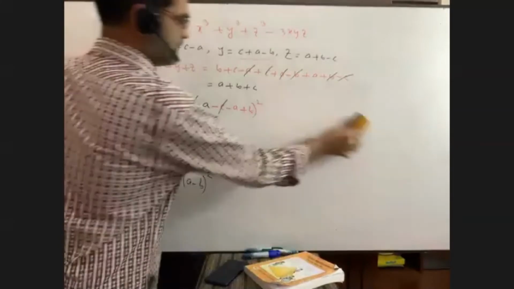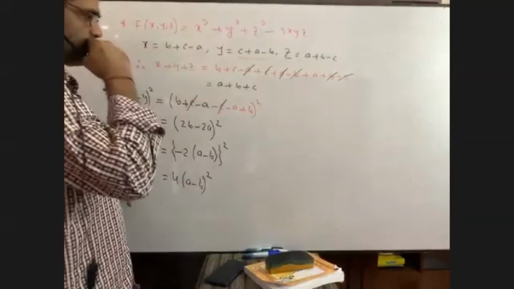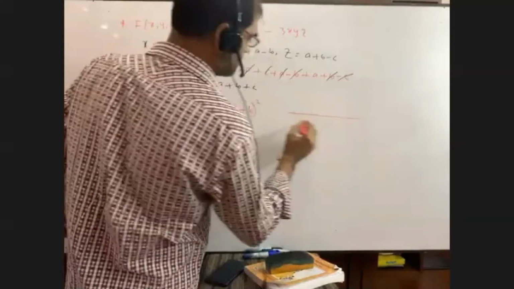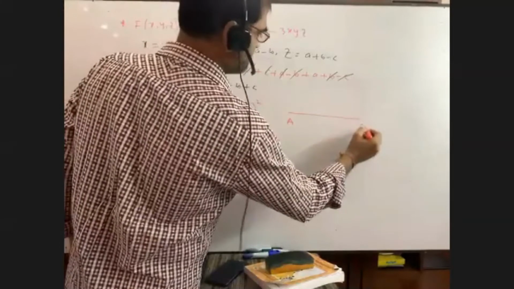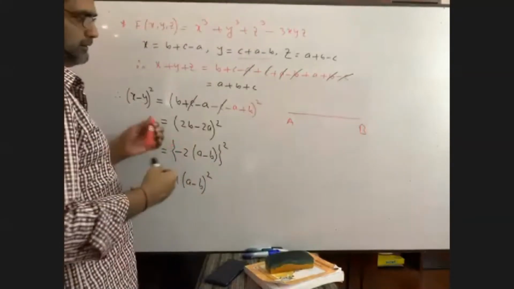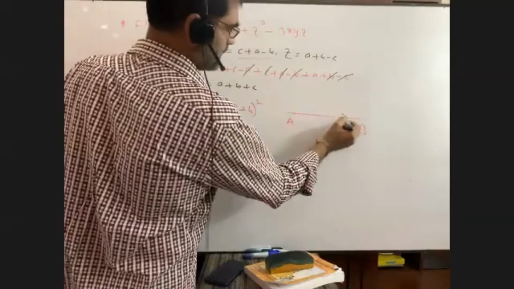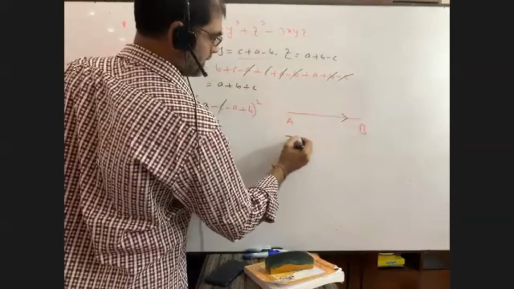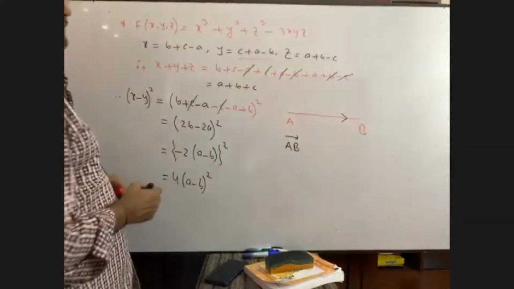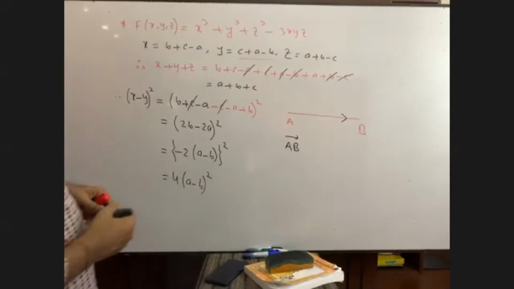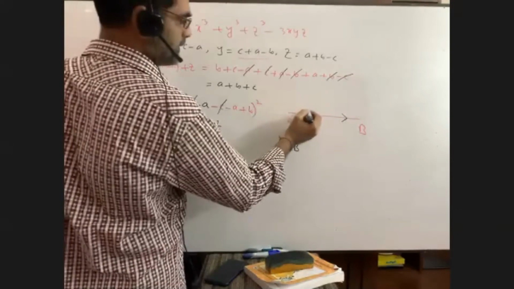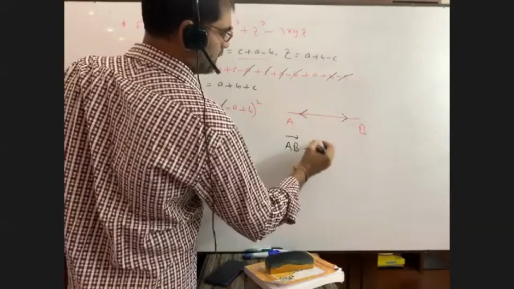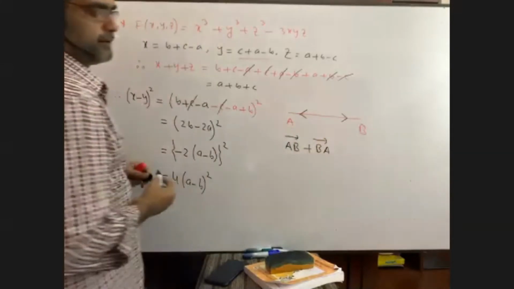But, sorry, suppose it is A, it is B. You have gone from A to B. Am I right? Yes, sir. But if you return from B to A, it is the opposite, B to A. Yes, sir.